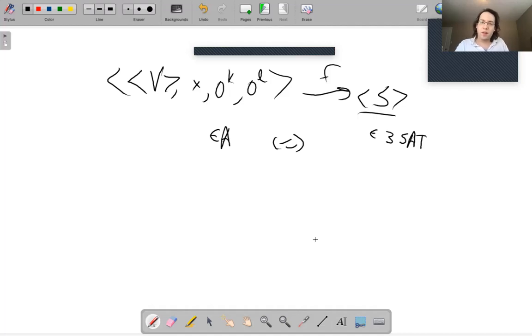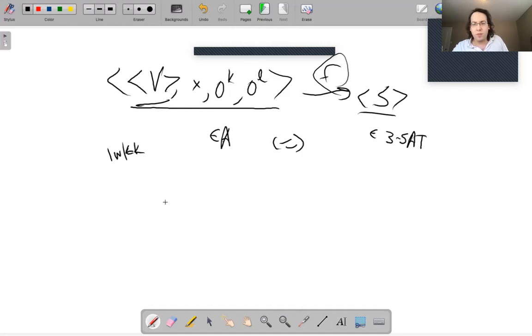So we want this kind of conversion F. The notes go over the details, but the idea is: when is an instance like this in A? It's in A if there's a witness W of size at most K, such that V accepts X and W within L steps.